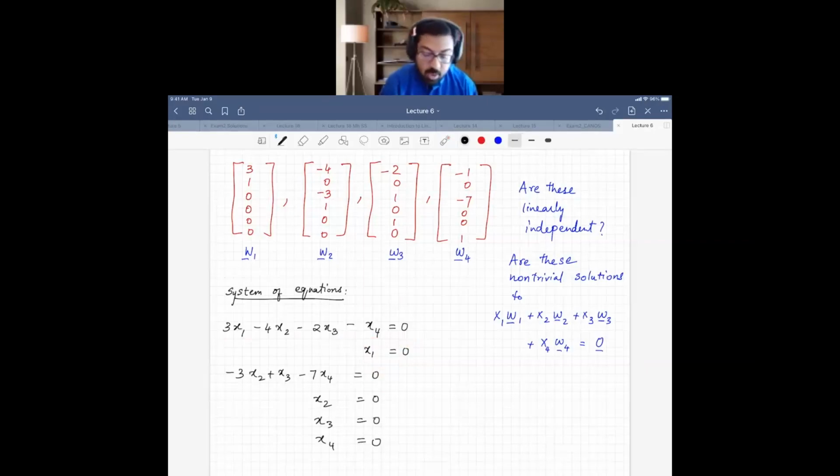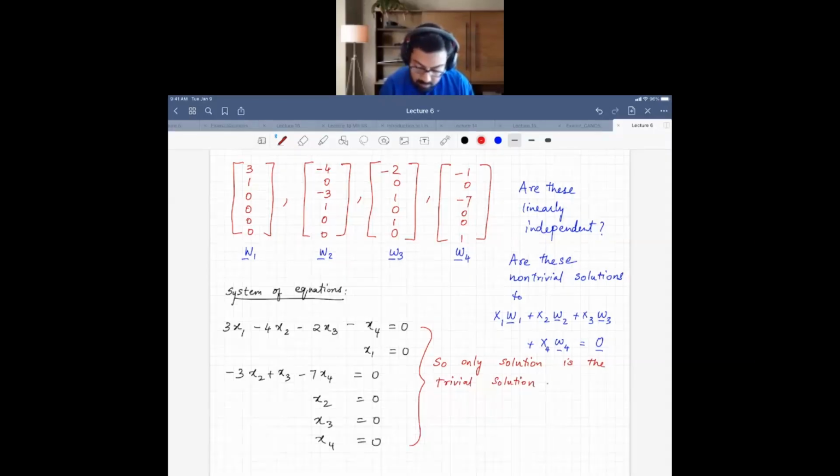So you can see that the only way this system of equations can be satisfied is if it is the trivial solution. So the only solution is the trivial solution, which means x1 equals x2 equals x3 equals x4, all of them have to be equal to 0, which means there are no non-trivial solutions over here, which means yes, they are linearly independent, right?